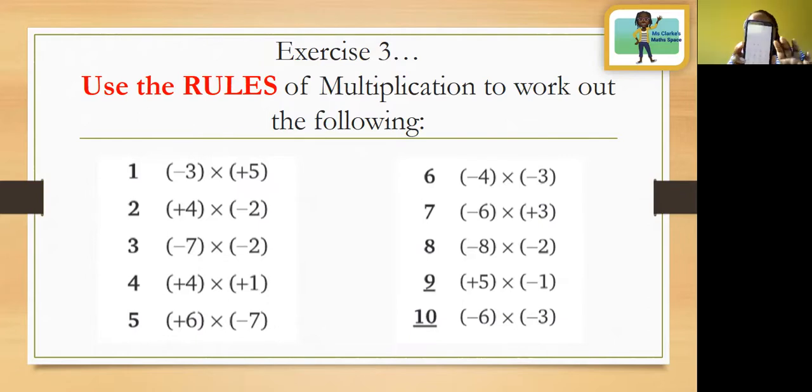On our calculator, we're going to use the plus or minus sign, and you're going to press that. Then you're going to press the number 3. Then you're going to press the multiplication button. Then you're going to multiply by 5. So you're going to press 5. Equal sign. And in your calculator, you will get negative 15.